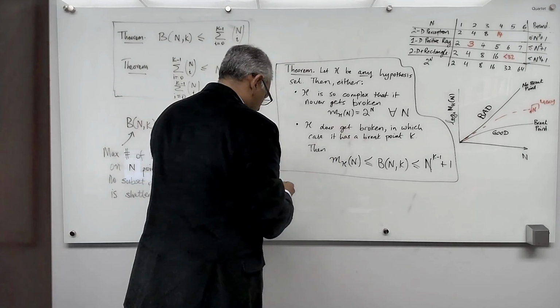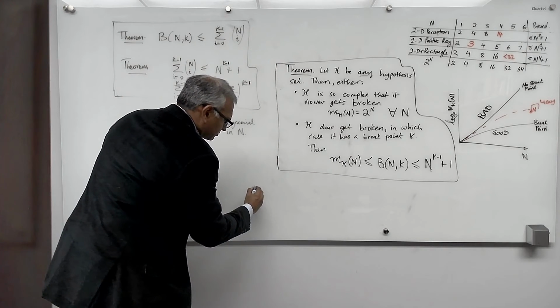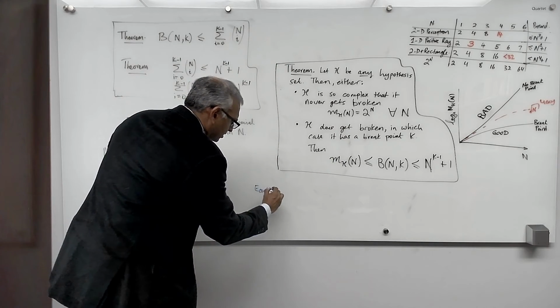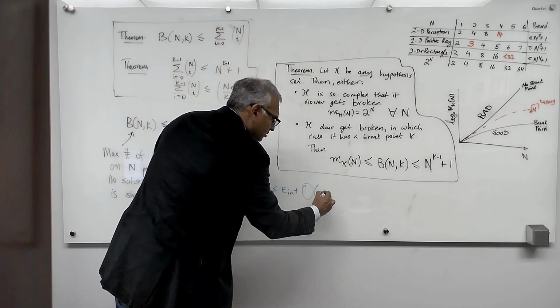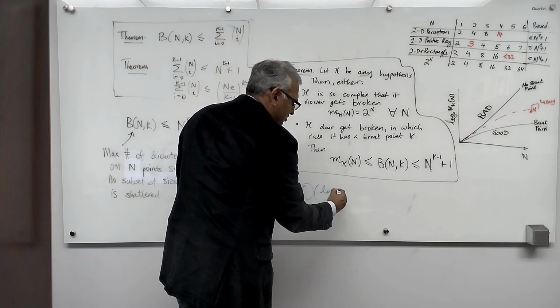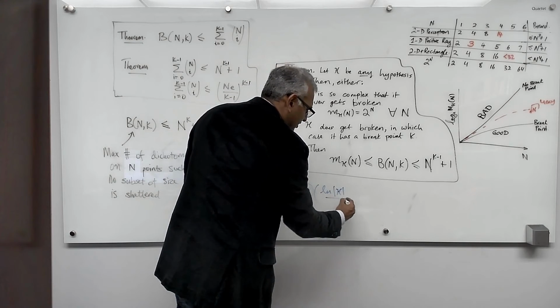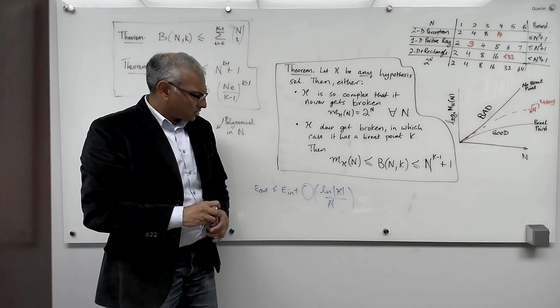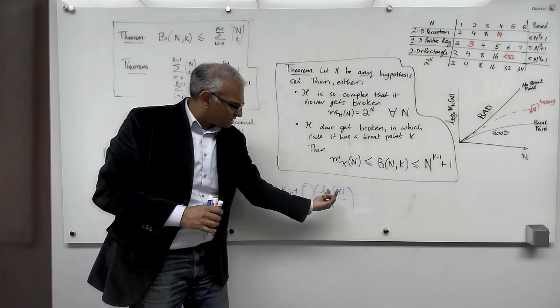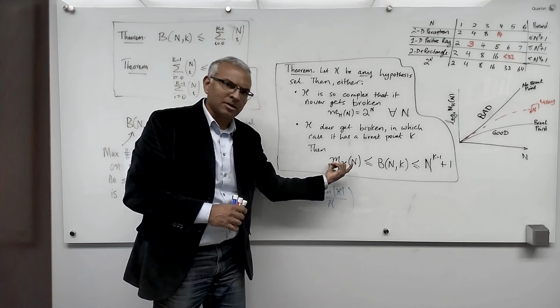Remember the error bar: E out is less than or equal to E in plus order of the square root of log of the size of the hypothesis set divided by n. And our goal is to replace the size of the hypothesis set by this effective complexity.